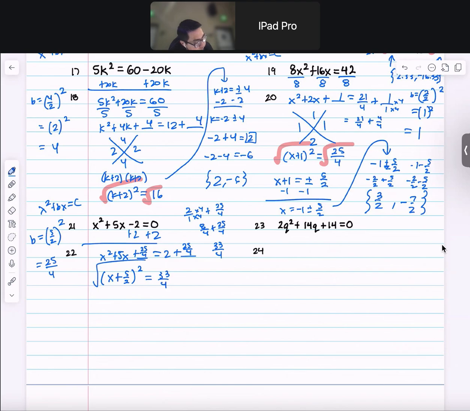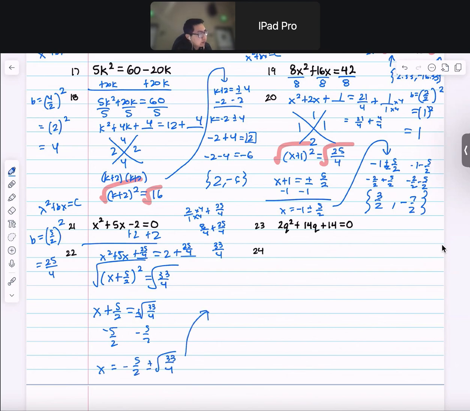And then you square root both sides. X plus 5/2 equals the square root of 33/4, plus or minus. And you subtract both sides by 5/2. So x equals negative 5/2 plus or minus square root 33/2.